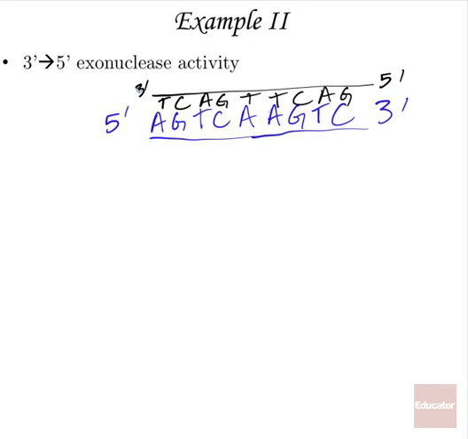Let's say that this is the parental, and this is the nascent or newly synthesized strand. Well, what if it accidentally put in an A right here? That's the incorrect base pairing. We know G's with C's, A's with T's are proper. So it can use its exonuclease activity to erase that and then come back and properly put in the C. So this is important.